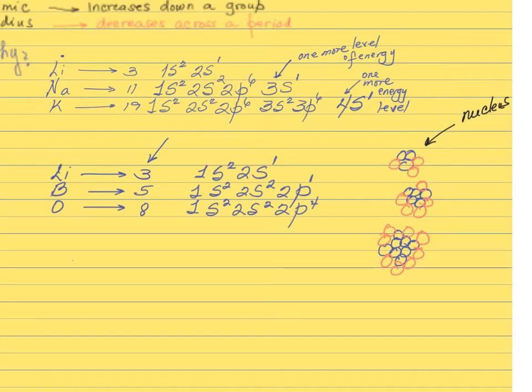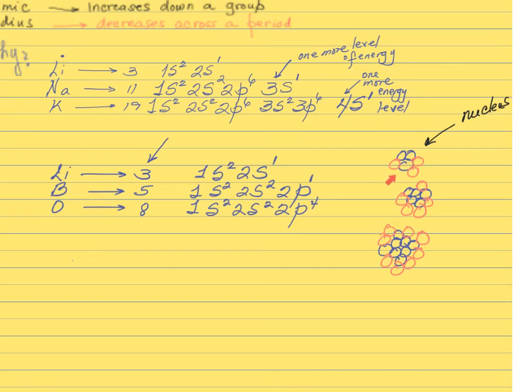As you are increasing the atomic number, when you go in order, the electrons are going to be increasing by one, accommodated in the same level of energy, but inside the nucleus you have one more proton, and also one more neutron, making the nucleus grow, if you want to call it that, twice as fast as the level of energy. The levels of energy are the same across a period.